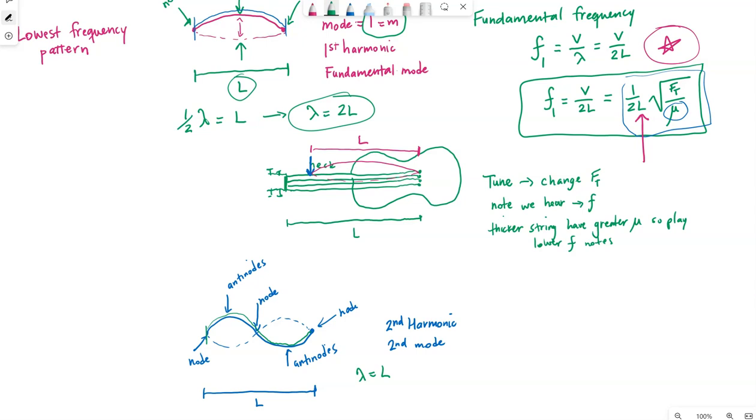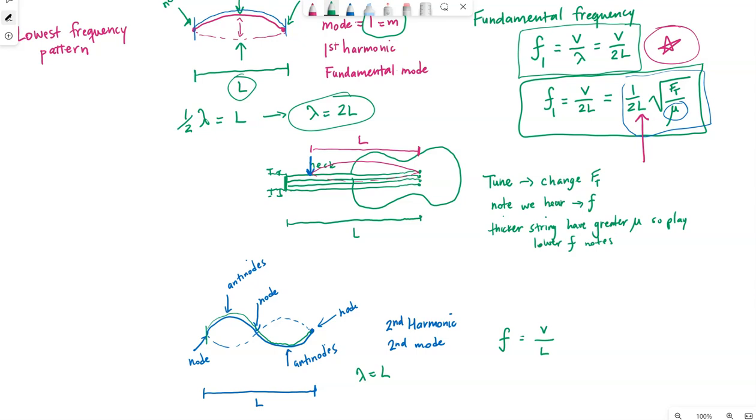So for this pattern, if we want to talk about the frequency, we would have the speed of the wave, which depends upon the tension and the linear mass density, divided by wavelength, which is L. So notice, if we compare that back to our fundamental, we had v over 2L there.